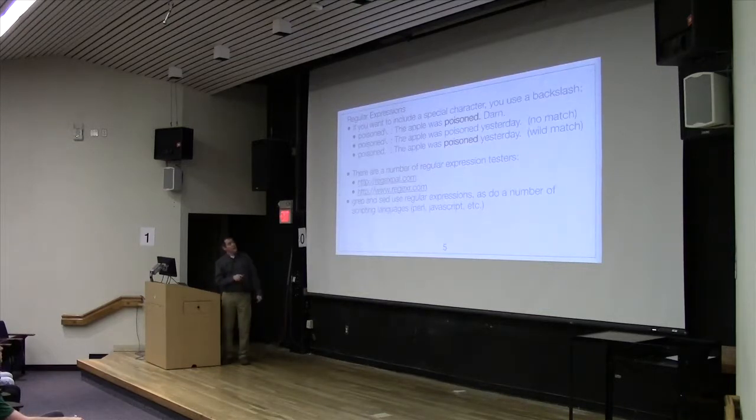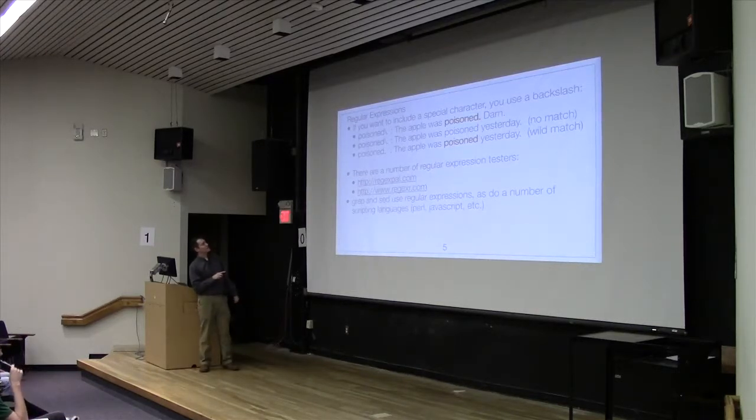If you want to match a character that's a special character, like you wanted to actually match the period, you put a little backslash. A lot of times we use backslash for special characters. So if you had the apple was poisoned, darn, and you had poisoned backslash period, well, that would pick this up. Oh, I didn't have a change there.